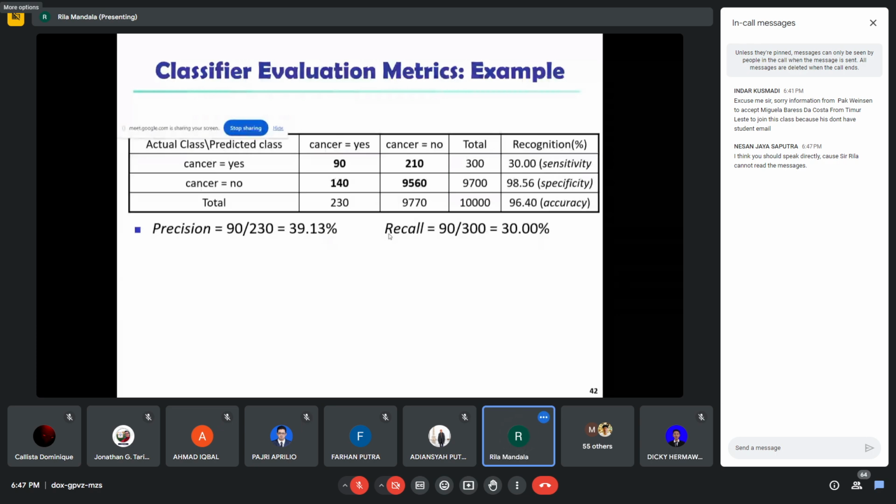For example, from 10,000 training data, we found that the machine learning method says 90 people are classified as yes, and actually it is yes, and predicted 210 as no cancer, but actually it is yes. You can write it by yourself in a table like this.